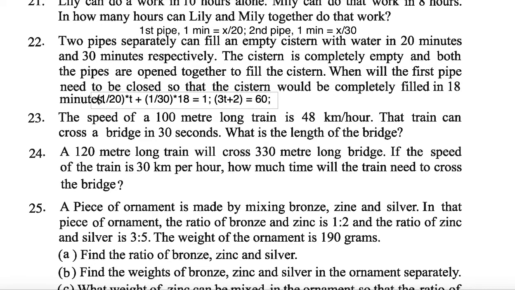So 3t equal to 60 minus 2, which is 58. So what is t? 58 by 3 minutes.